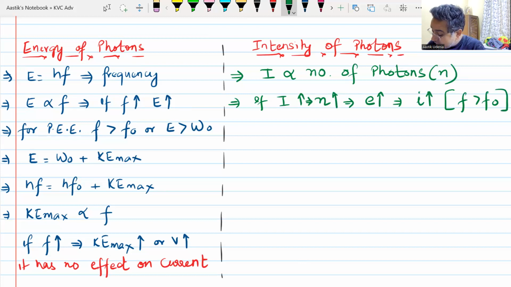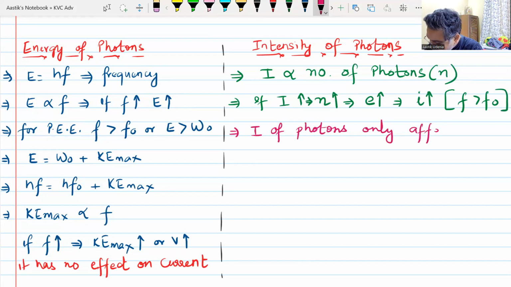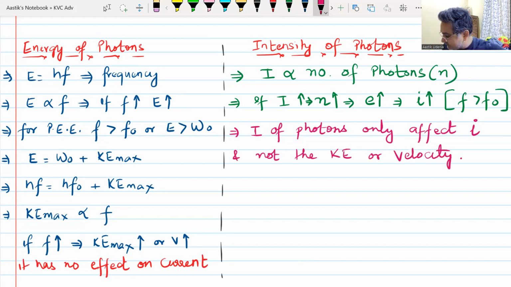Yes, sir. Therefore, we can note that the intensity of photons only affects the photoelectric current I, and not the kinetic energy or the velocity of electrons which are emitted. Do we understand this? Yes, sir.